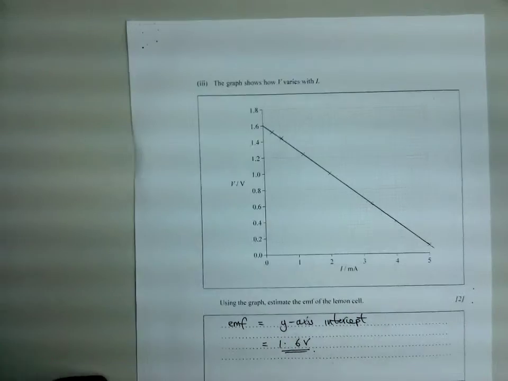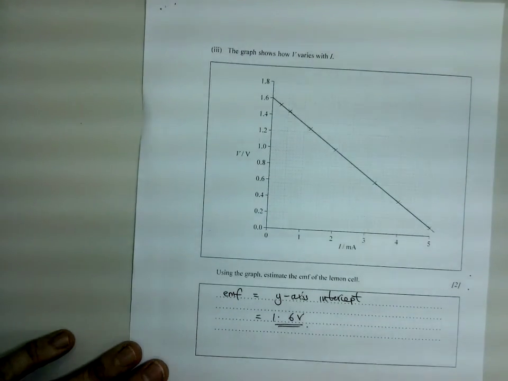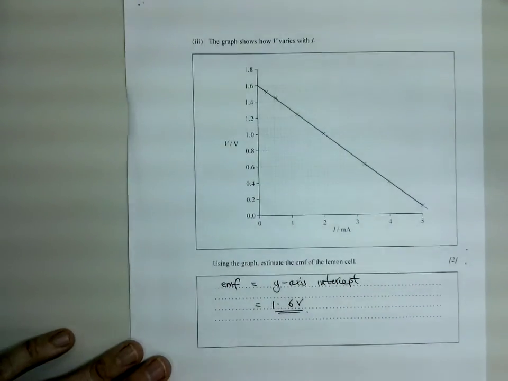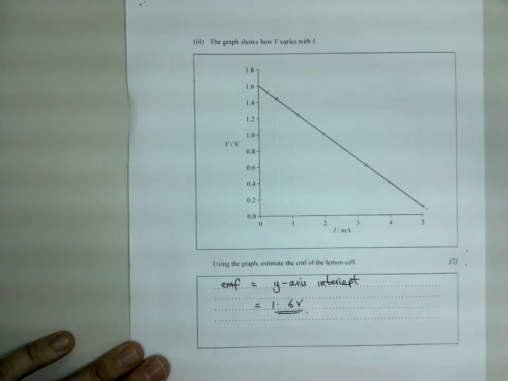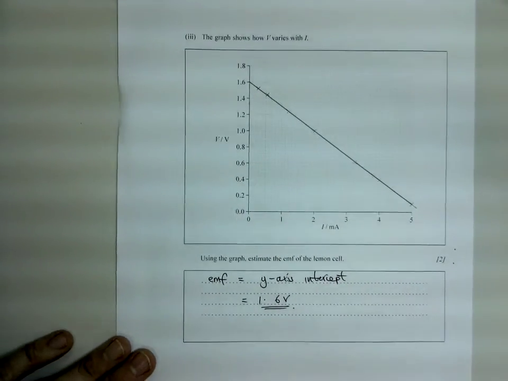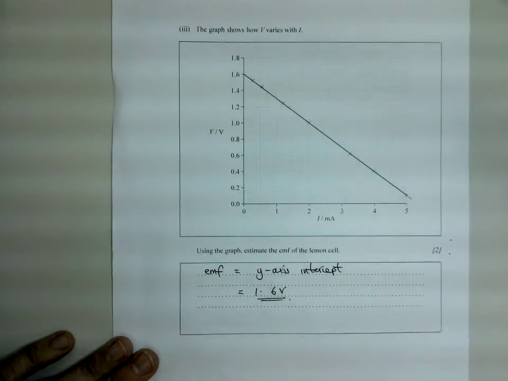Moving on, it then shows a graph of how V varies with I. And I've already drawn a line of best fit through the points and extrapolated back to the V axis. The question is, using the graph, estimate the EMF of the lemon cell.